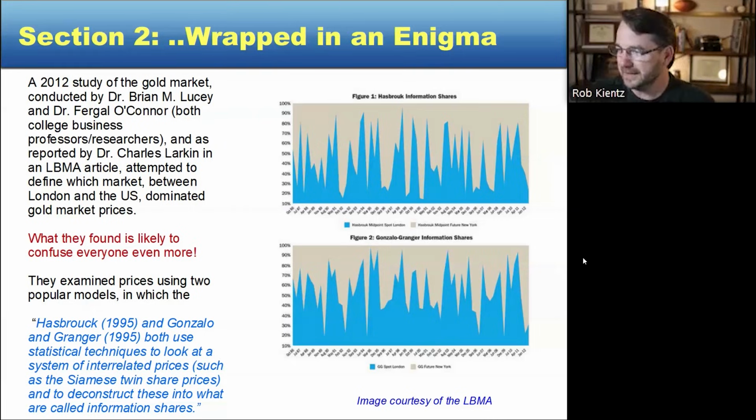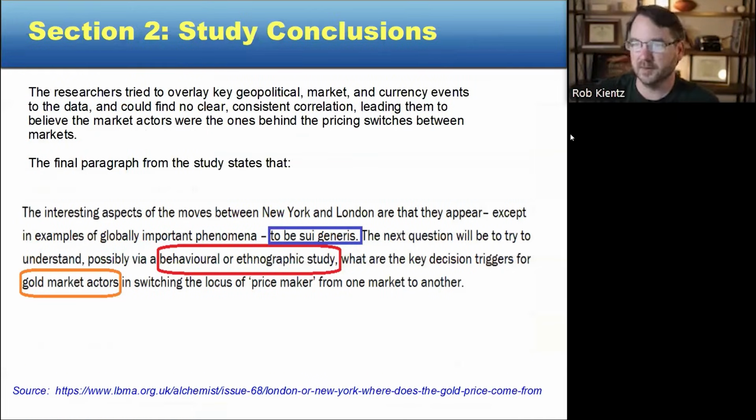And as you can see, there's a very loose pattern. As you read the study on the LBMA's website, I didn't put the whole study here, they tried to overlay these different geopolitical, war, currency, economic events. And they found that it really didn't have anything to do with who was dominating the pricing in the market, whether it be New York or London.